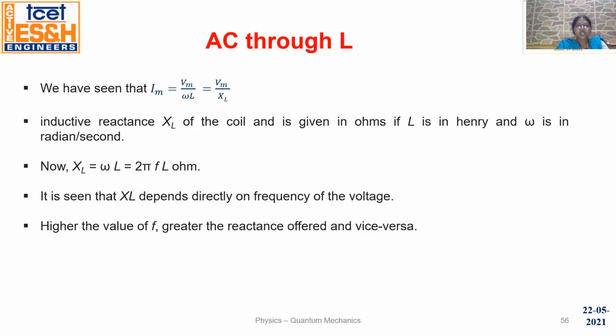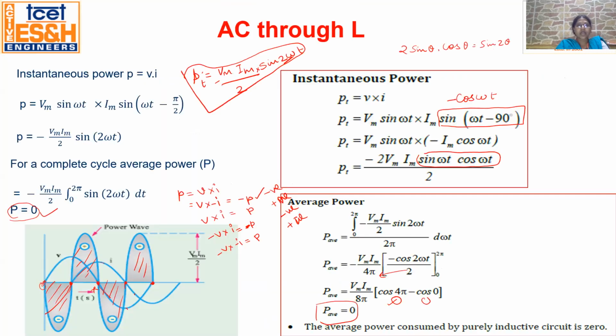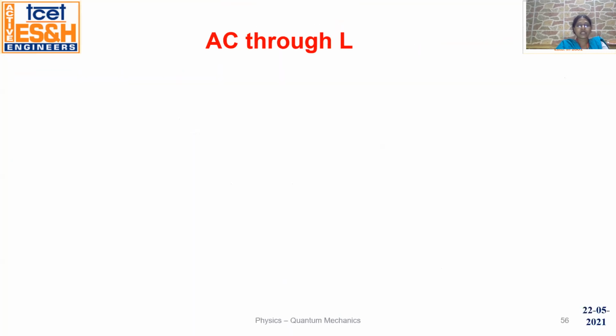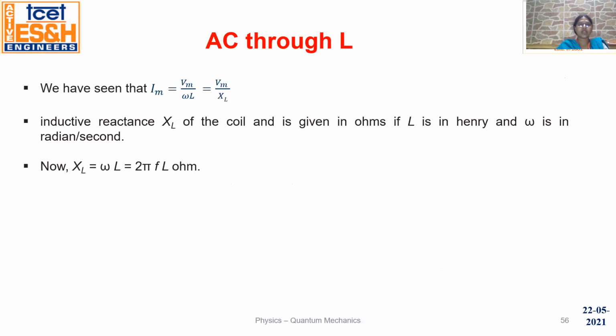So your average power consumed by the pure inductor is always 0. What you have seen is that when L is supplied by alternating current, the basic formula is Im is equal to Vm by omega L. Omega L is also equal to XL, known as inductive reactance.